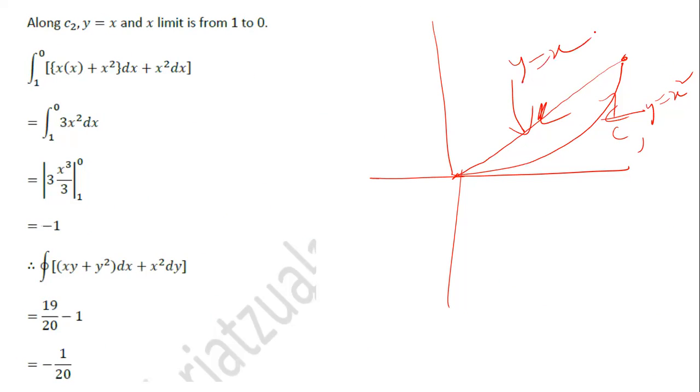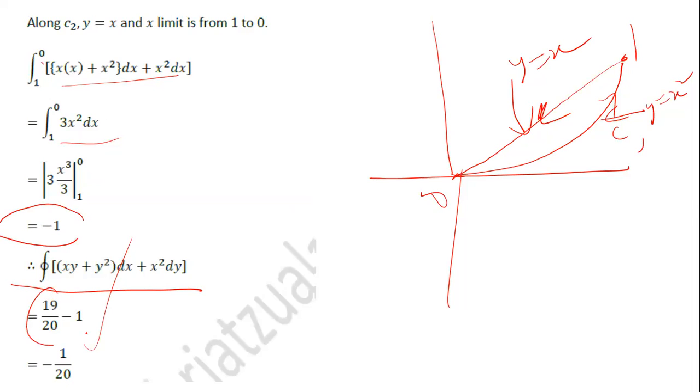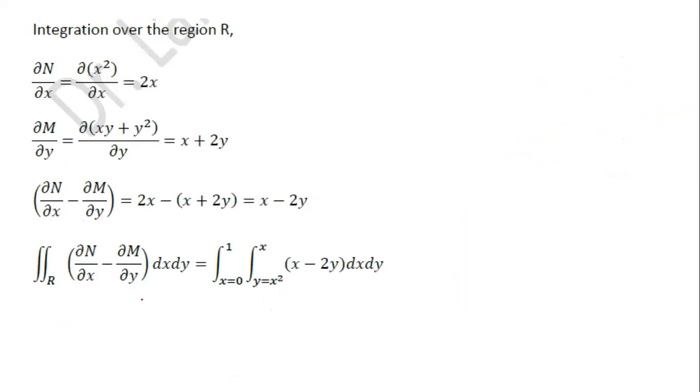So along this line, instead of y you just put x. The integration limit is from 1 to 0. The whole integration will be here, and out here you get -1. This will be 19 upon 20 minus 1.